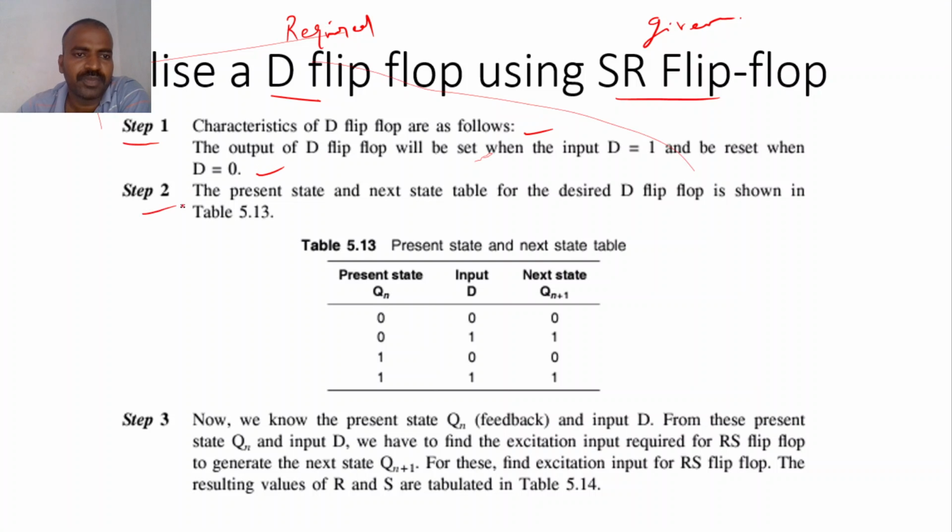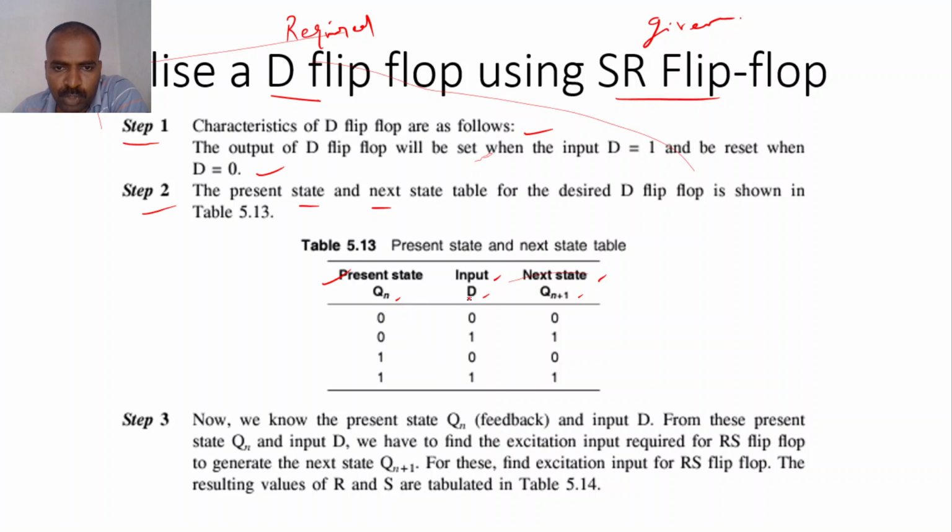Step number two: write the present state and next state table of the required D flip-flop. Create three columns: the first is the present state Qn, the second is the input D, and the third is the next state Qn plus 1.